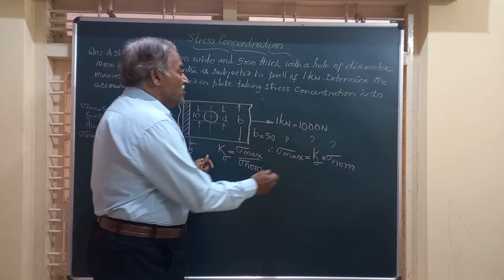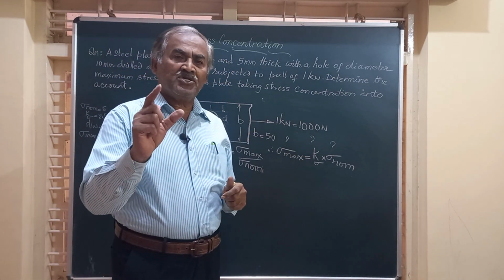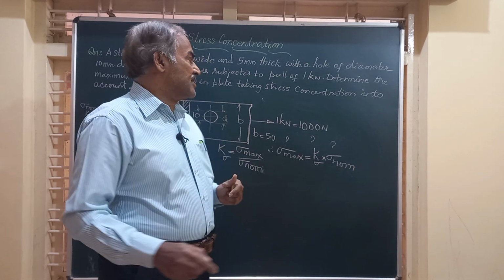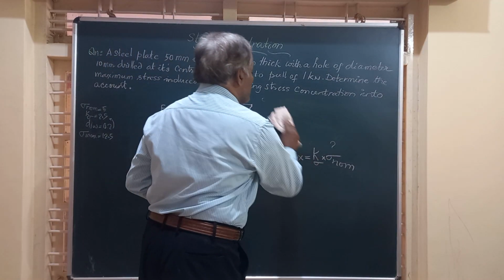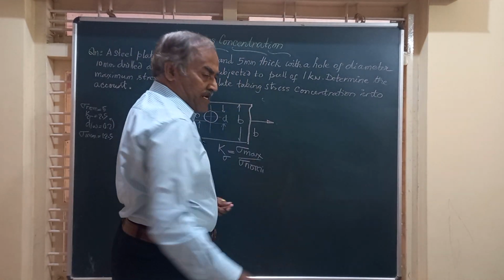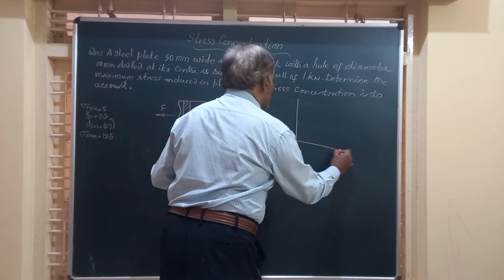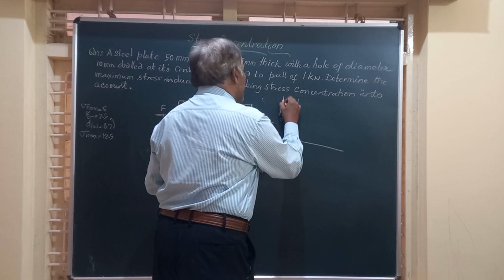Friends, now to find out K sigma, you will have to refer to the machine design data handbook in the chapter on stress concentration. And friends, there will be a graph like this, wherein the value of K sigma is plotted along the y-axis.